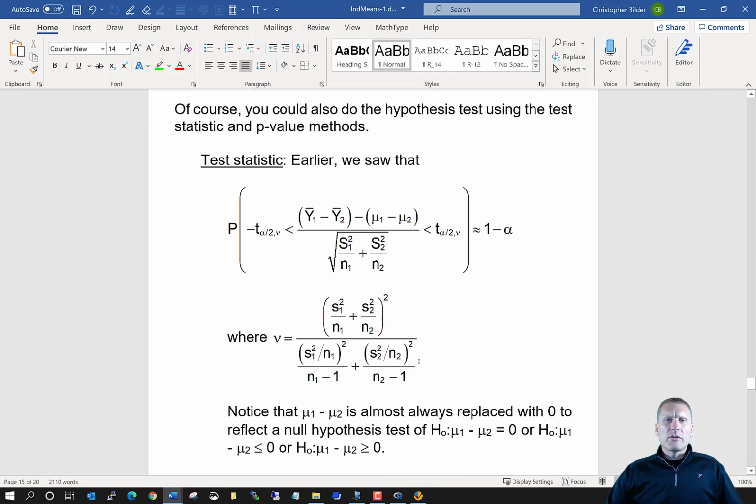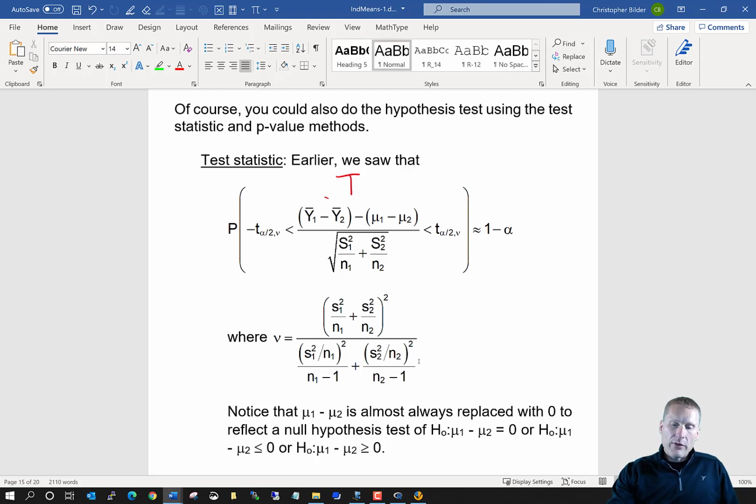Well, what about using now a test statistic or a p-value? We can do that too. We saw earlier this probability statement relative to a random variable t that contained our necessary information that was used to come up with our confidence interval.